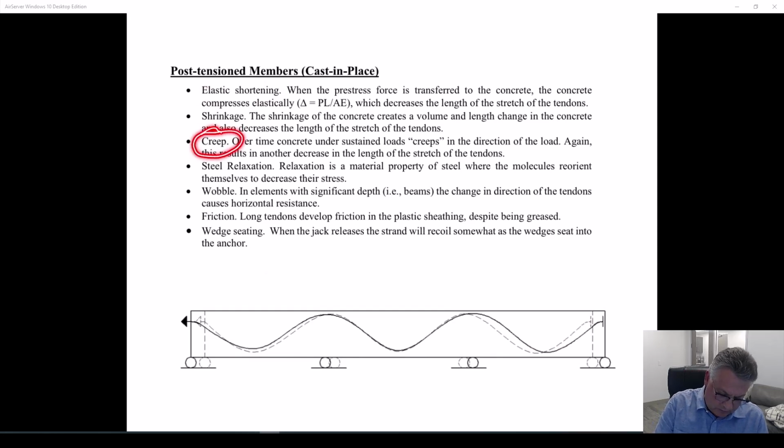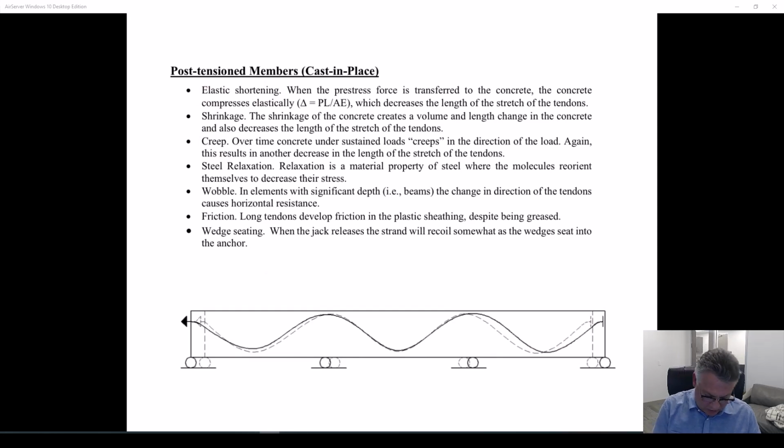Now, concrete creeps over time. It creeps in the direction that it has compression. So even in flexure, there's a compression side of the beam, and we're aware of that creep deflection. When you learned it, you probably didn't learn about it being horizontal also. But if we put a large axial force in a member, it will creep in that direction over time.